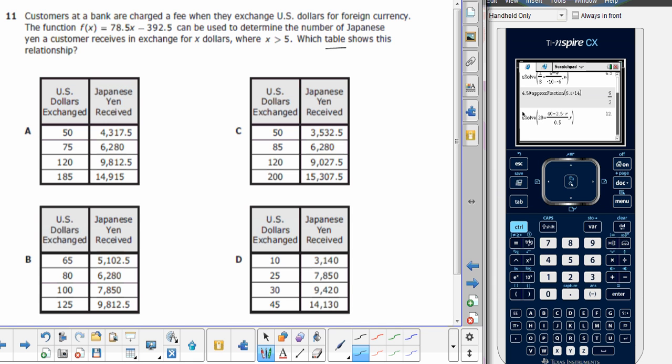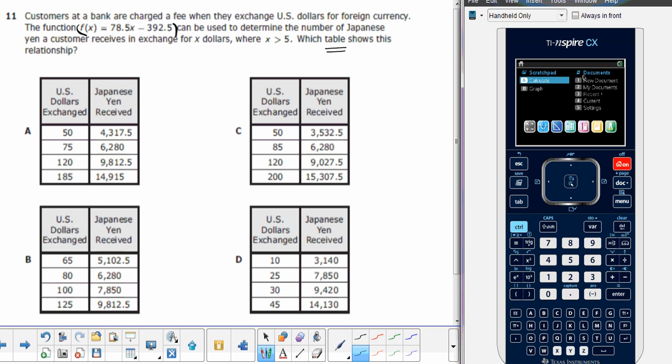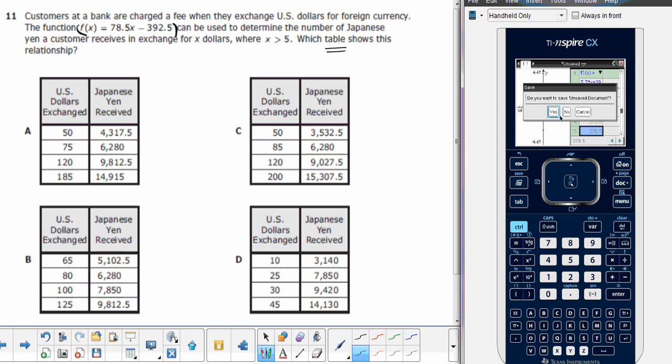So which table shows this relation? This is a very simple question. You have tables, so guess what? If you can graph the equation in the calculator and get your table, then match. So how to do that? You go to new document, you press no, you go to add graph, and you always put your equation.